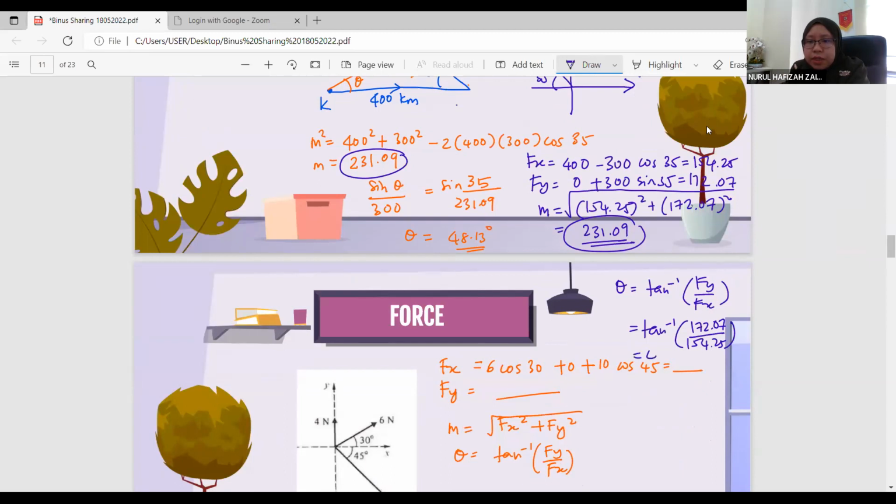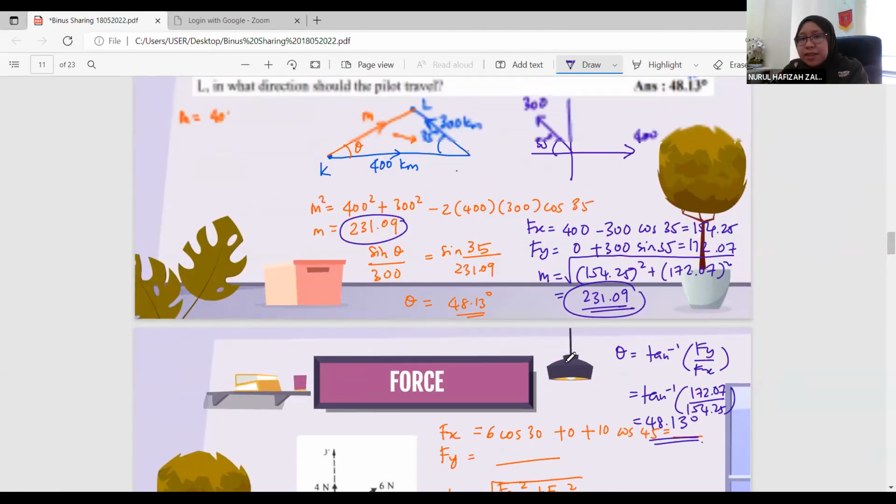So this one I get 48.13 degrees. So if you learn this formula in other physics classes, it's another option, another method to calculate a vector.